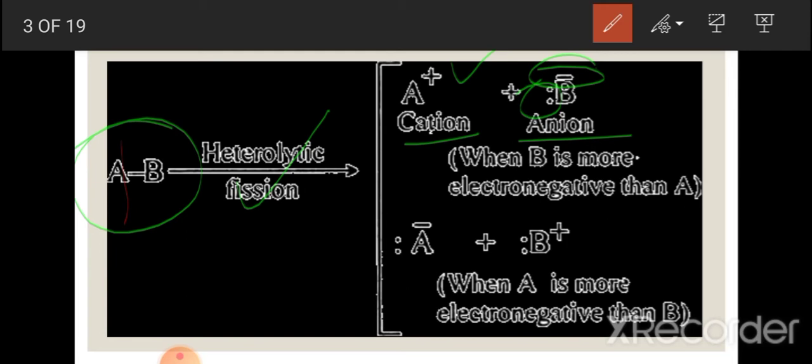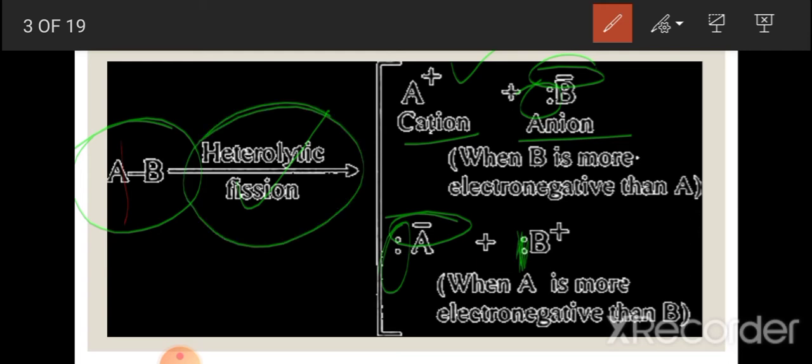And the reverse also can happen. If A is more electronegative, then A will take both the electrons and acquire the negative charge. Here two electrons will not be here, it is wrong. And B positive will be formed. So when heterolytic fission is occurring and the covalent bond is breaking, it depends upon the electronegativity.